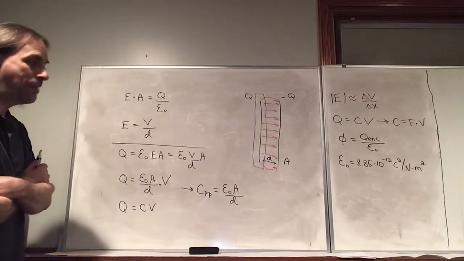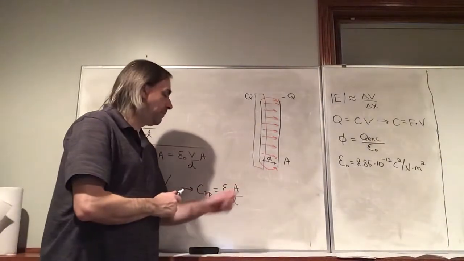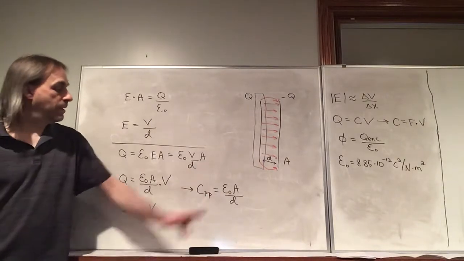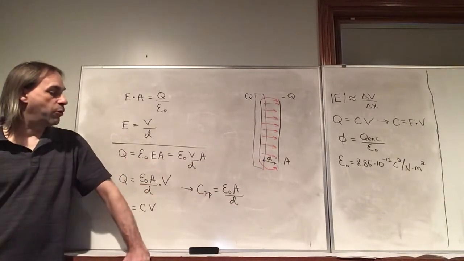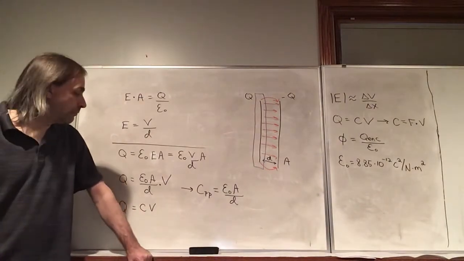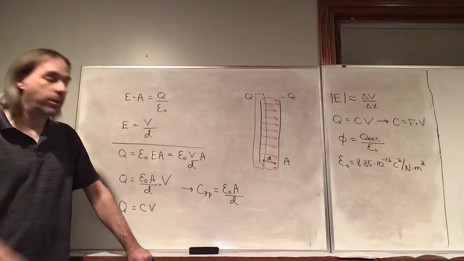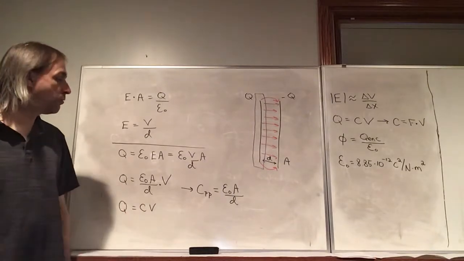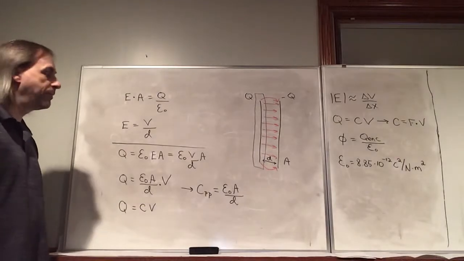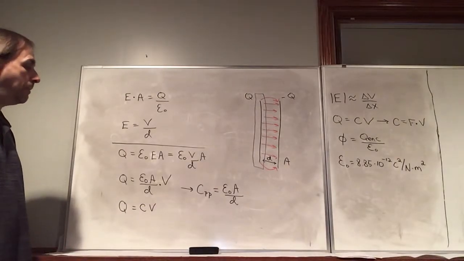So again, it only depends on geometry: the area of the plates and the separation between them. And that's it. It doesn't matter what the charge is or what the potential difference between them is. So the capacitance is really just a property of the capacitor itself.